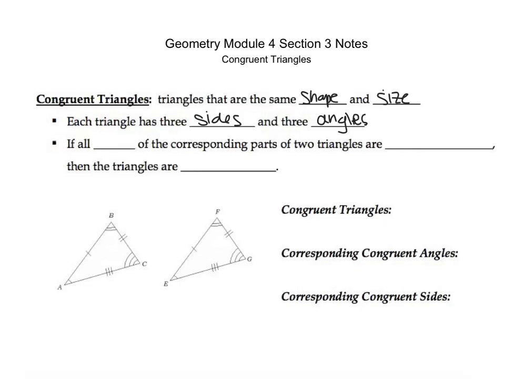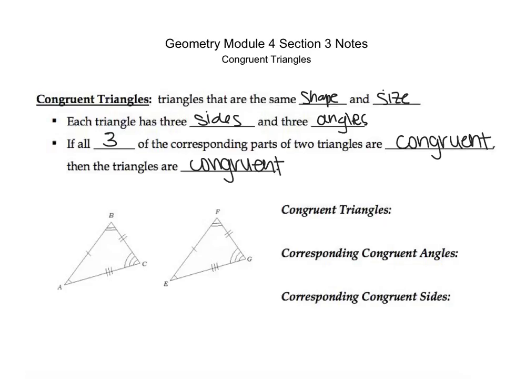If all 3 of the corresponding parts of the 2 triangles are congruent, then the triangles are congruent. What that boils down to is the corresponding parts are the corresponding sides and the corresponding angles. So all corresponding sides have to be congruent and all corresponding angles have to be congruent.